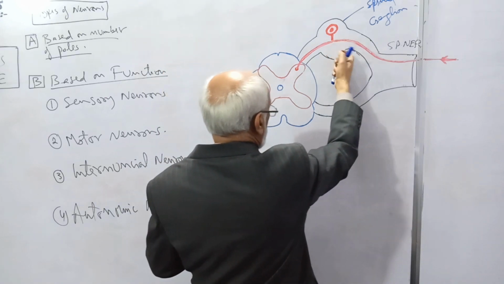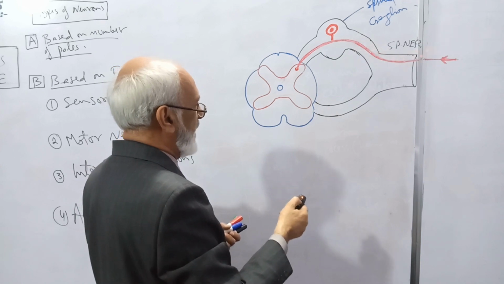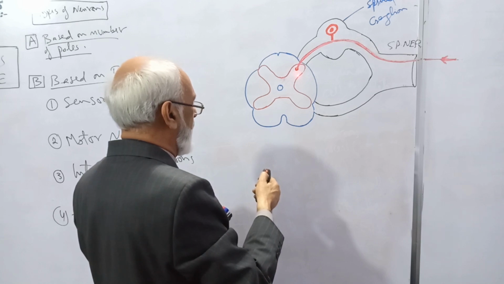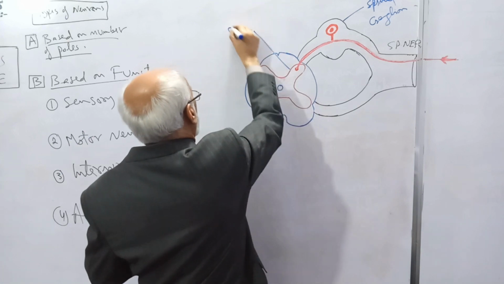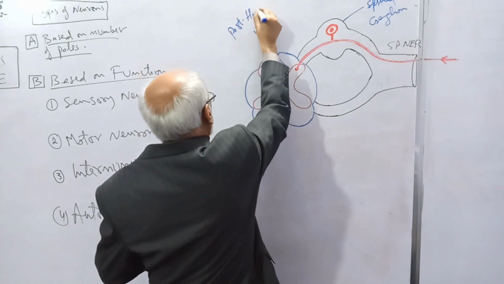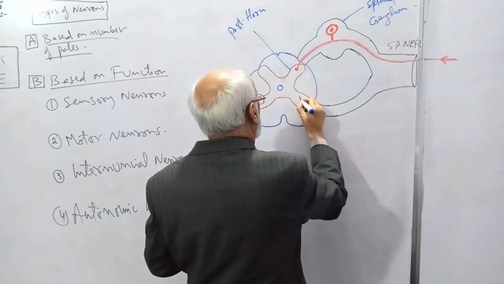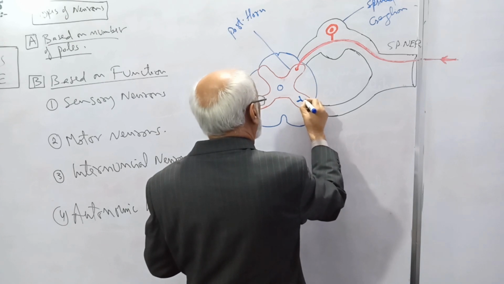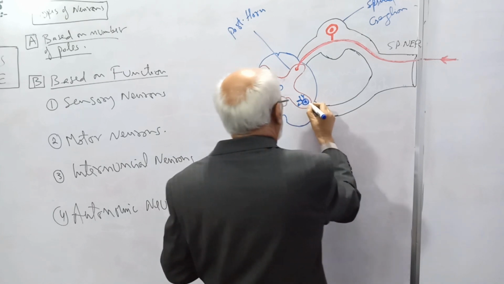The peripheral process passes through the spinal nerve and dorsal root. The central process passes through the dorsal root and enters into the posterior horn of the spinal cord. Then in the anterior horn, again there are neurons having dendrites, multipolar neurons, dendrites, cell body, and axon.